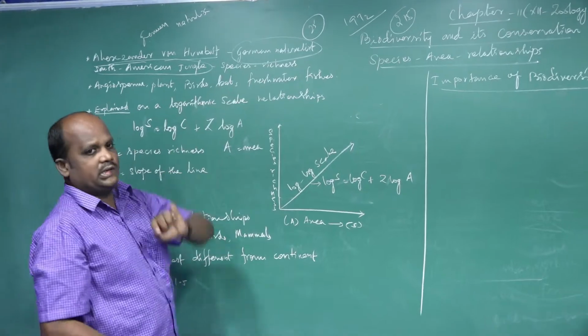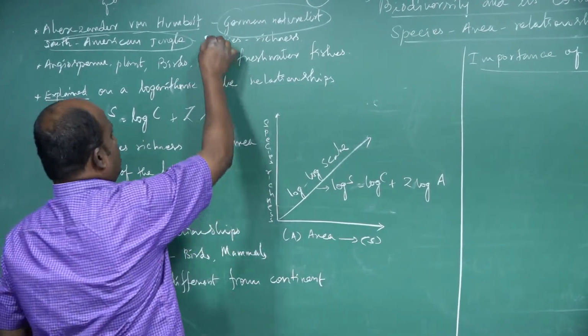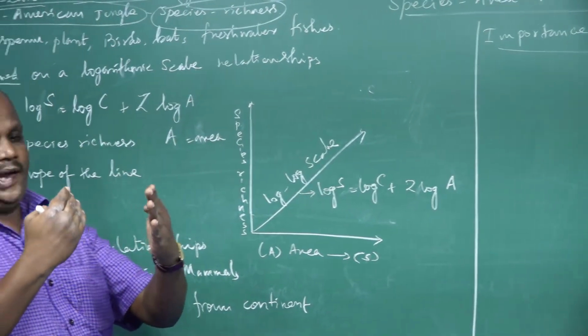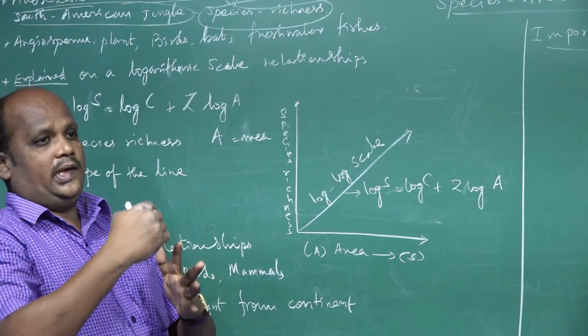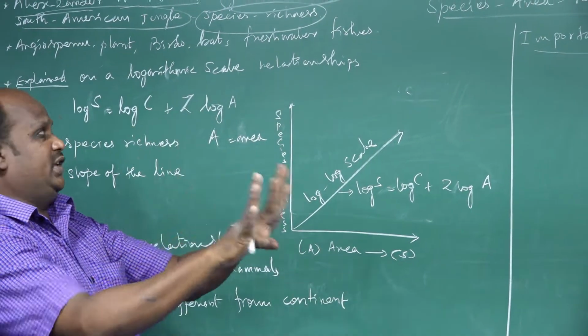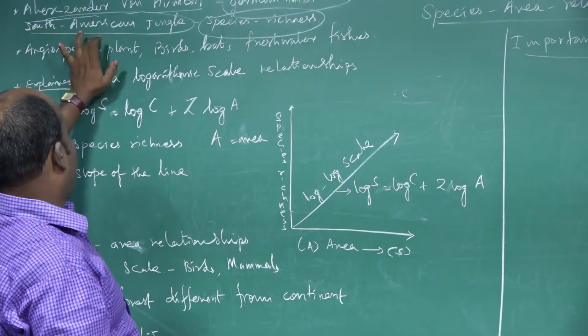What is the meaning of species richness? New organisms, from parent populations to child populations, gradually increase in a particular region, the South American jungle.